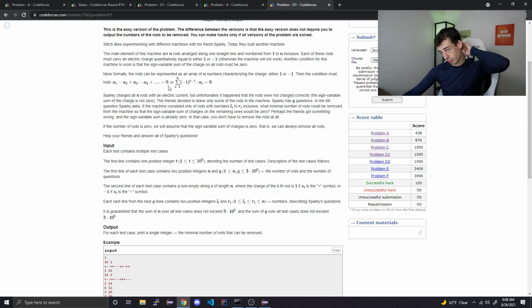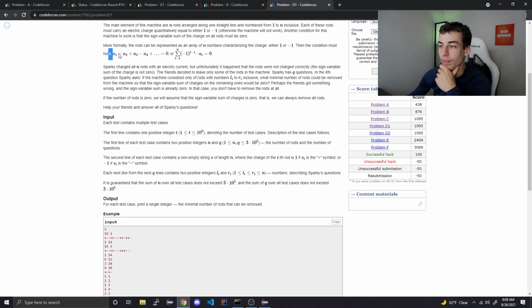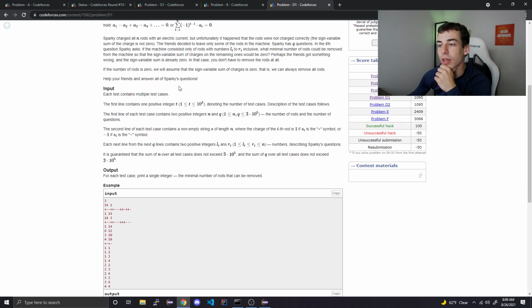Okay, this is interesting. So this is non-trivial. So it's not the sum of the elements is 0. The sum of, like, if you flip them. Okay, well, thank you for explaining this.